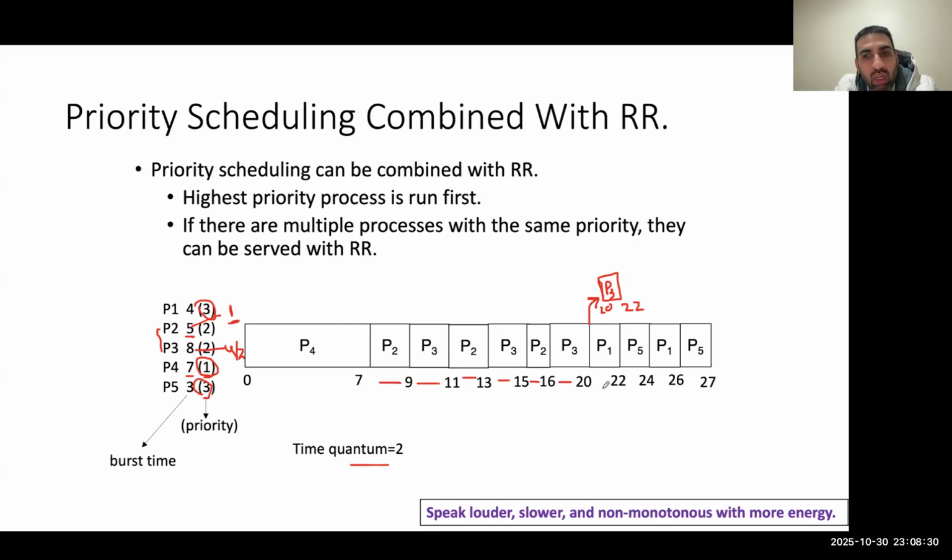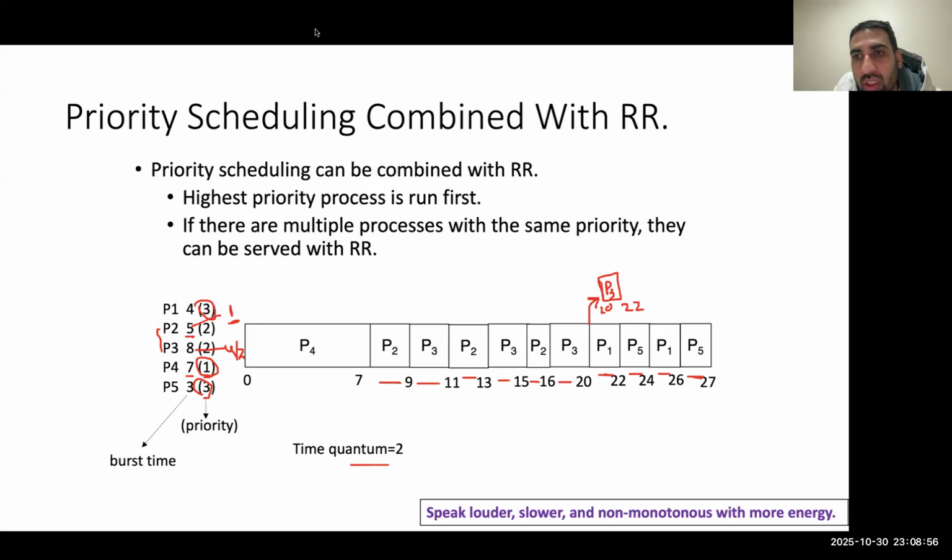So we allow P1 to run for 2 time units, right? And then we allow P5 to run for 2 time units, then P1 again for 2 time units because it has a burst of four, and then we allow P5 to run again for 1 time unit. Okay. Any questions?